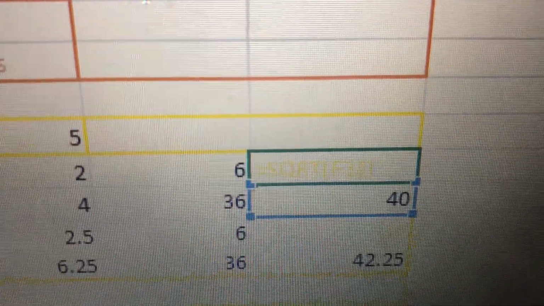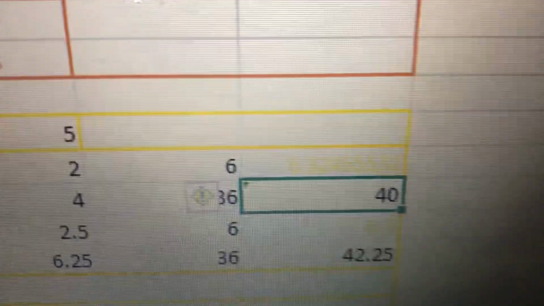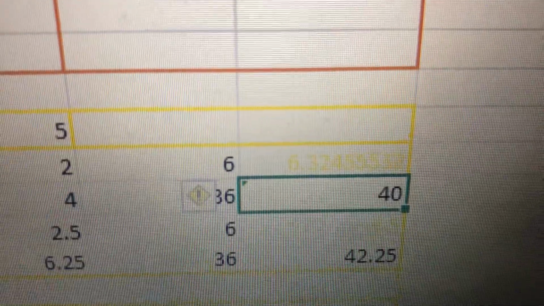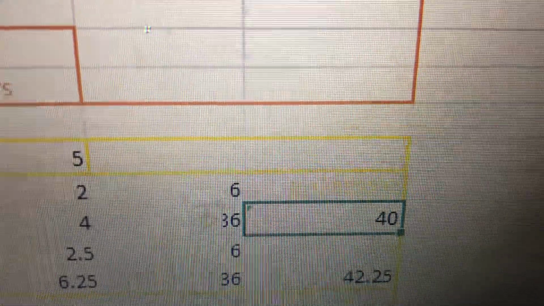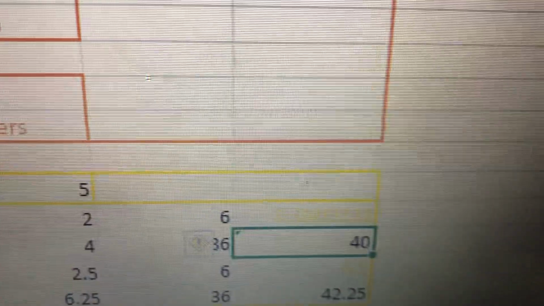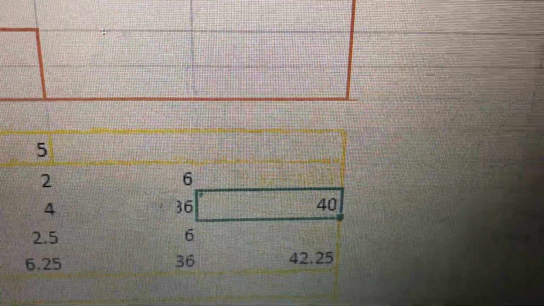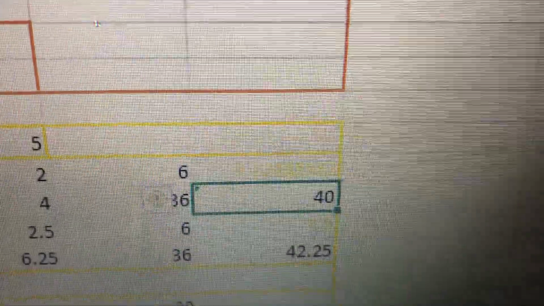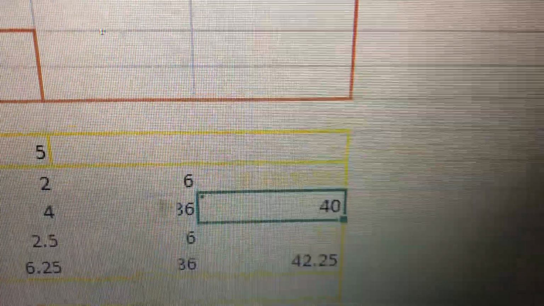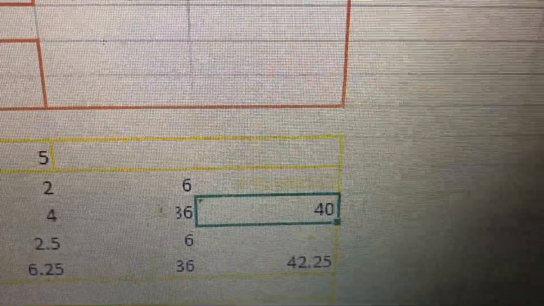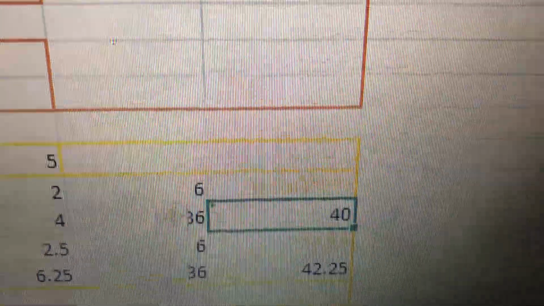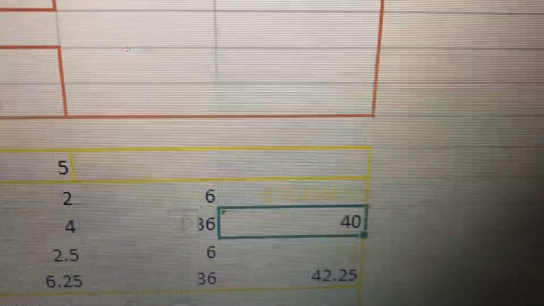Pero, thanks to Microsoft Excel, kukunin tayo yung accurate answer. At yun yung sagot. The answer is 6.3245532. So, yun po yung slanted height ng triangle whose base measures 4 centimeters and whose height measures 6 centimeters. Yun. Okay? So now we got the answer.